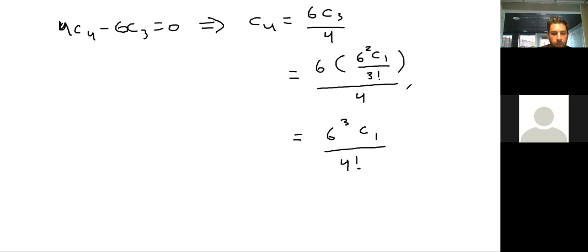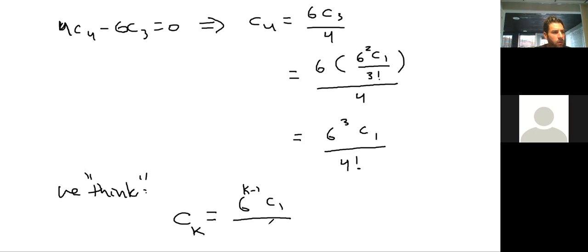So we've done this a few times, and so what we determine is we think C sub k would be 6 to the k minus 1 power times C sub 1 all over k factorial.